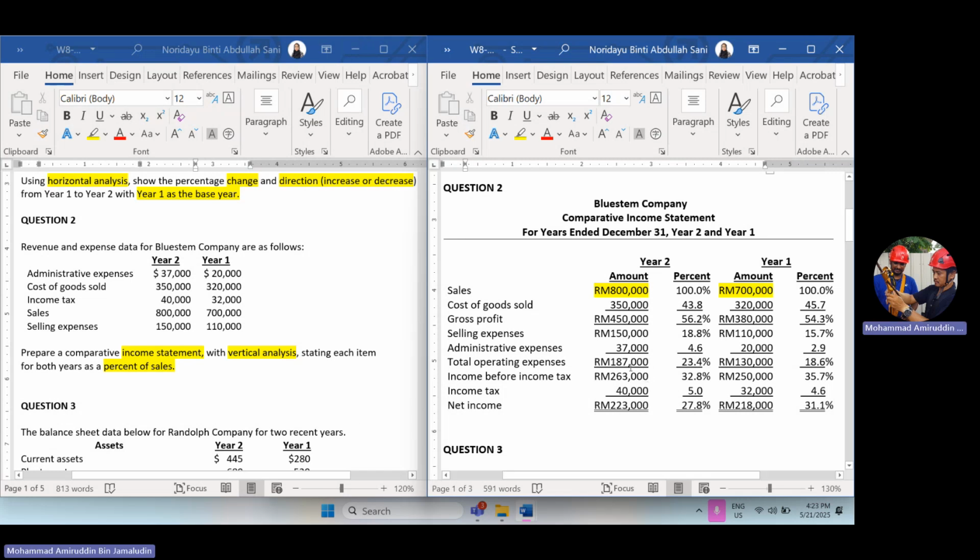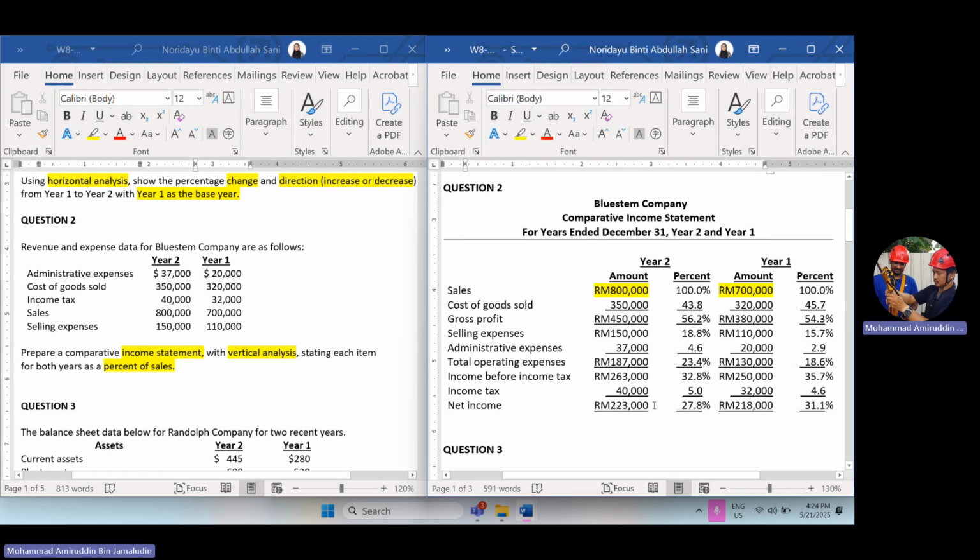Computations to see the pattern and the trend are based on sales, meaning sales will be your denominator. You know denominator, right? So line by line, COGS, year 2, done.